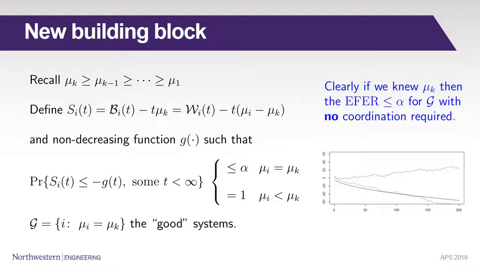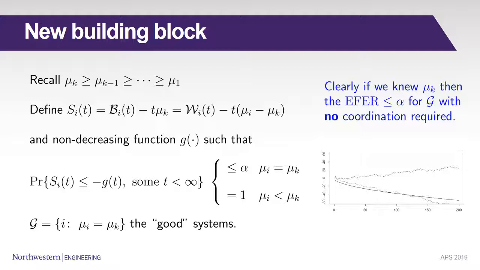So doing a little algebra, that's the driftless Brownian motion process, W sub I, minus t times the difference between the true mean of system I and the value of the standard. Now, if system I is tied with the best, this is a driftless process. On the other hand, if mu I is inferior, or what we'll say is not one of the good systems, then the drift is negative.